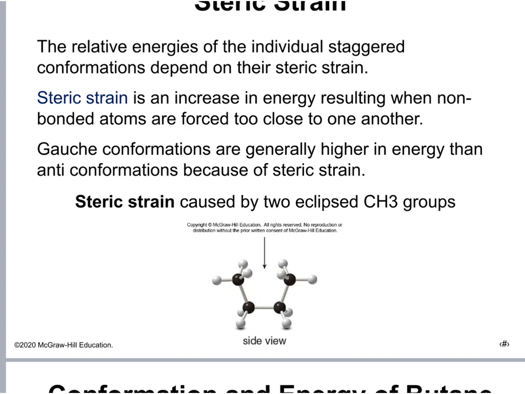Okay, so steric strain is caused when you have this eclipsing. So when you look here and you see the eclipse with this butane, and these methyl groups are eclipsed, this is steric strain.